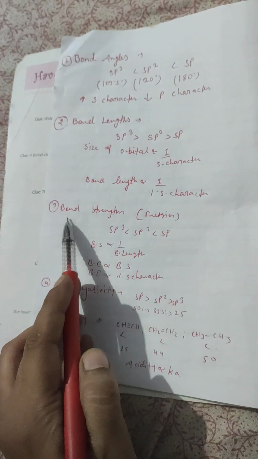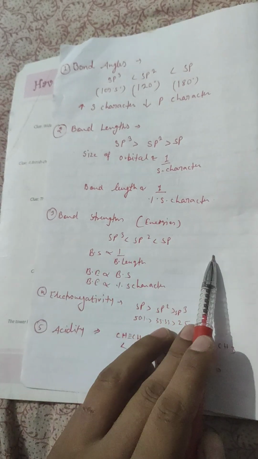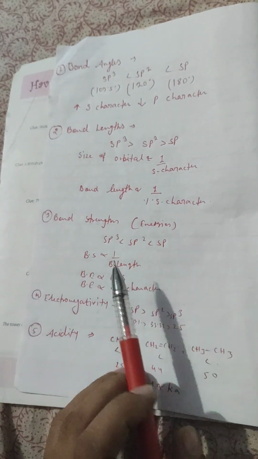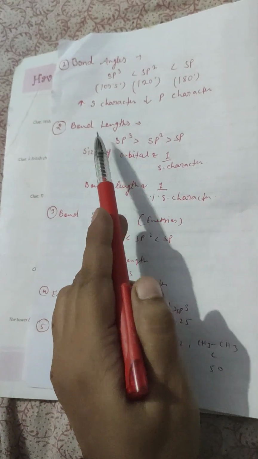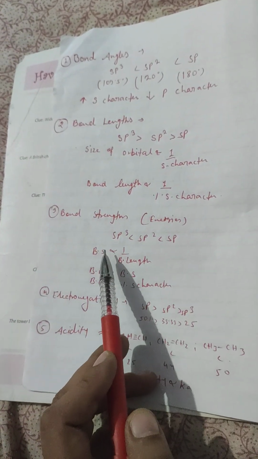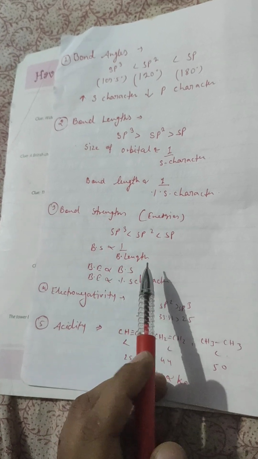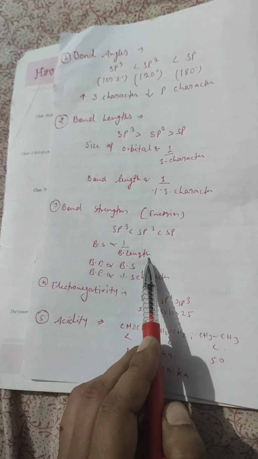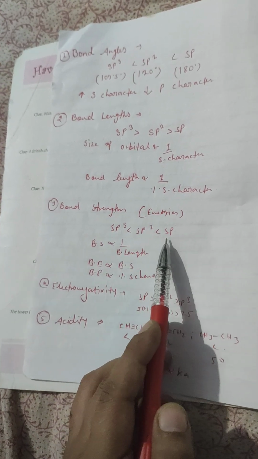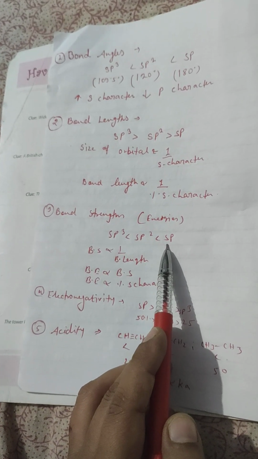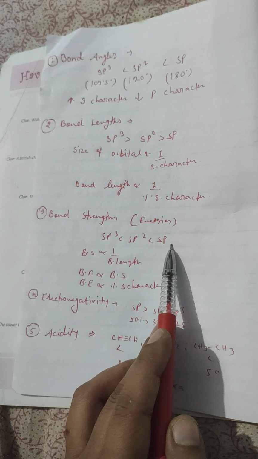Third is bond strength, or bond energy. Bond strength is inversely proportional to bond length. Here in sp, sp2 and sp3, s character increases and p character decreases.